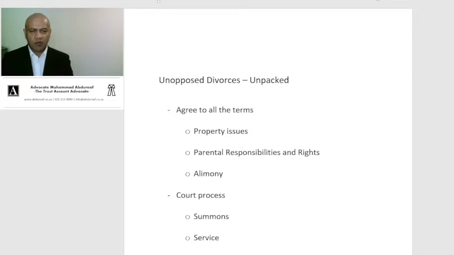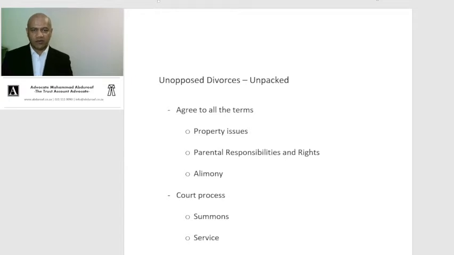However, the father wants to have the minor child with him every Sunday to take the minor child to church. And the mother disagrees. She has no problem with the father having contact with the minor child, but after church, because she wants to take the minor child to church. I'm using a fictitious example here. Because of that, unfortunately, there would not be a settlement agreement, and the divorce cannot proceed as an undefended or unopposed divorce.